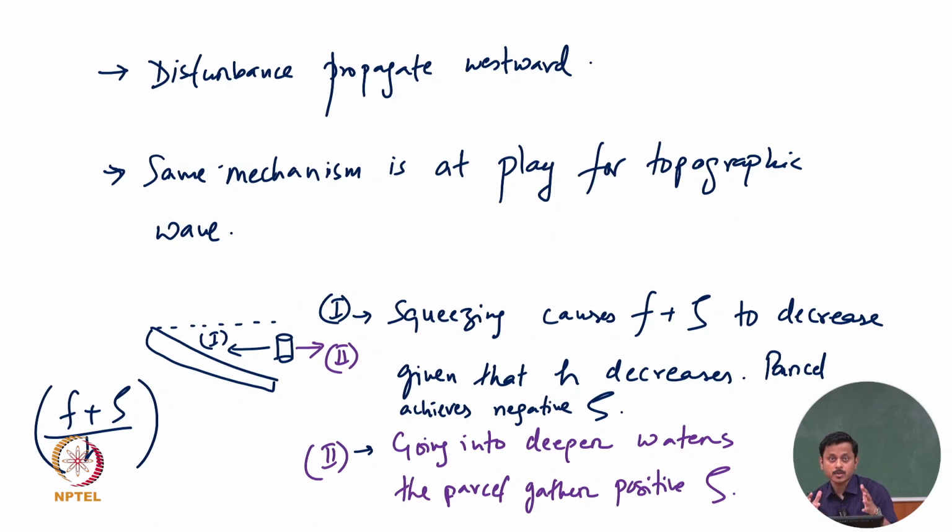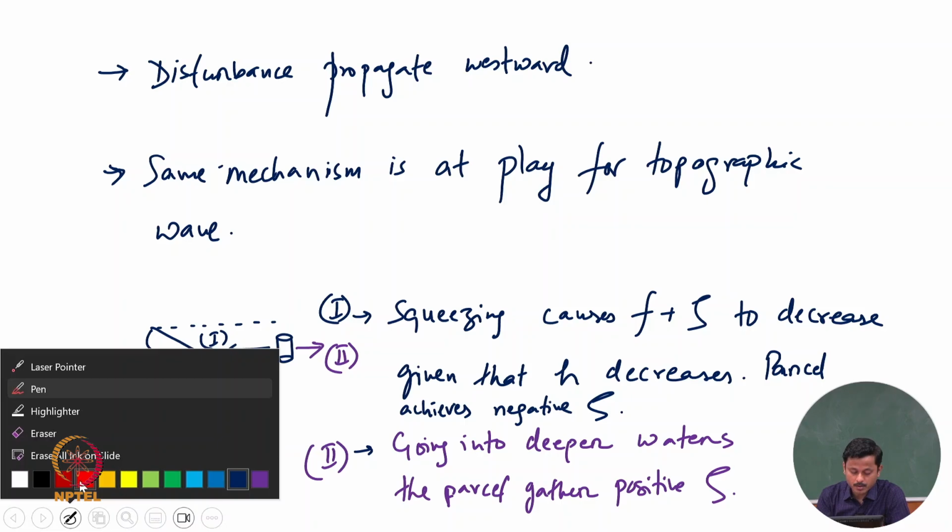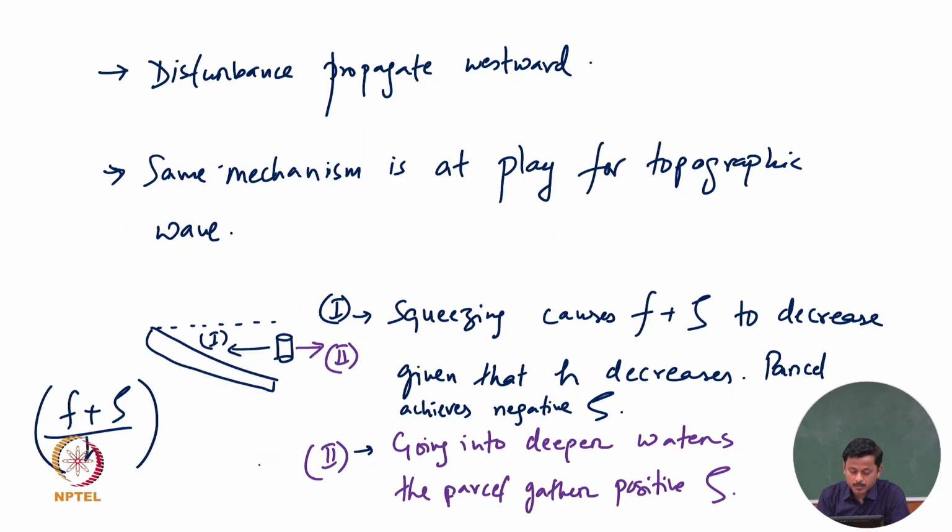Rossby waves arise because F varies with latitude. Here, a change in the height changes at least some part of the term. For the Rossby waves, the numerator was changed. For the topographic waves, the denominator is being changed.